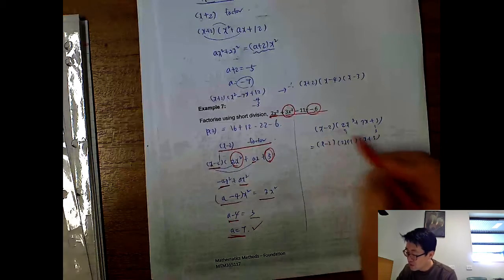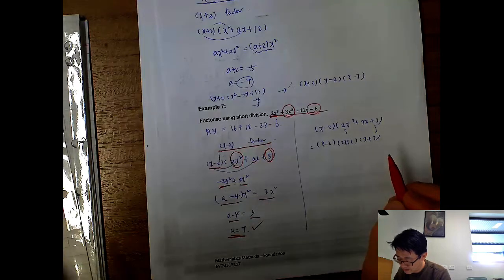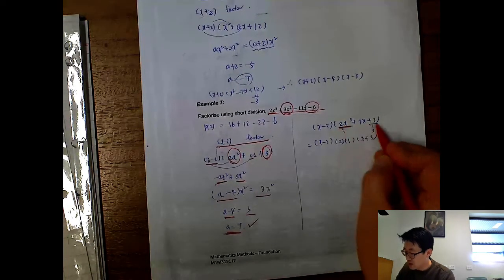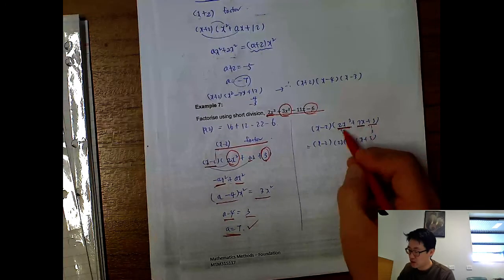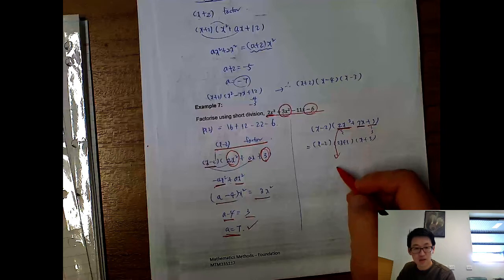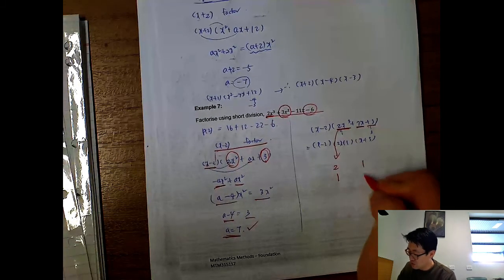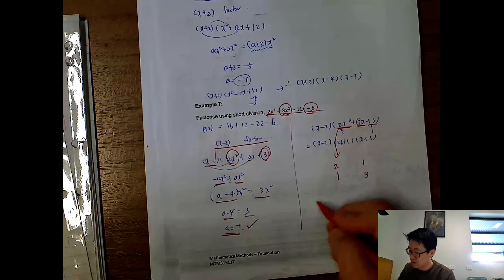Hold on, what am I doing? a is 7, so now a is 7. All I need to do is factorize that again to make linear factors. So 2, 1, 1, 3, 6, 1 becomes 7.